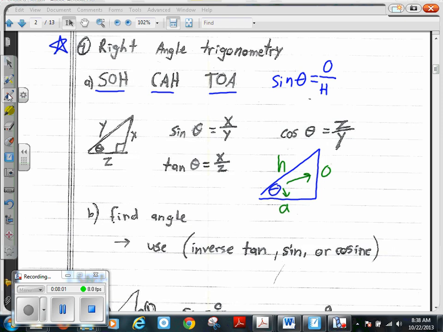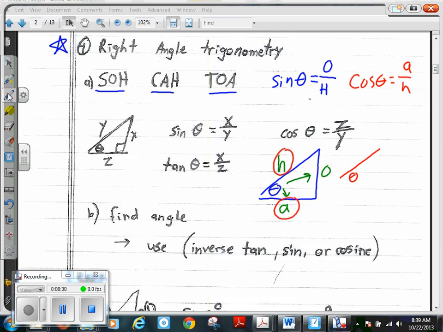And then CAH: the cosine of theta is equal to the adjacent over the hypotenuse. Okay? So that would talk about the ratio between this leg and the hypotenuse. And cosine tells your calculator, hey, I'm looking at ratios. When you punch in your angle, it'll give you this ratio.